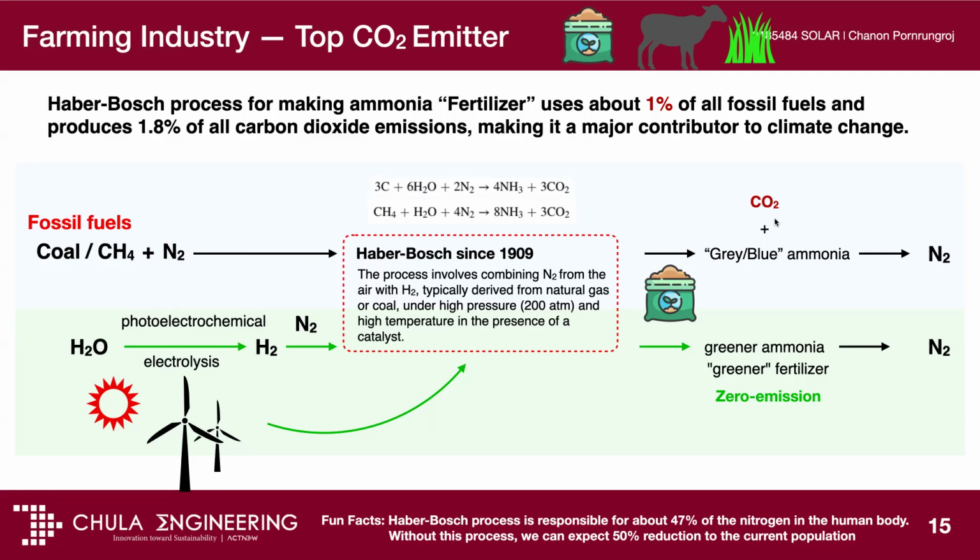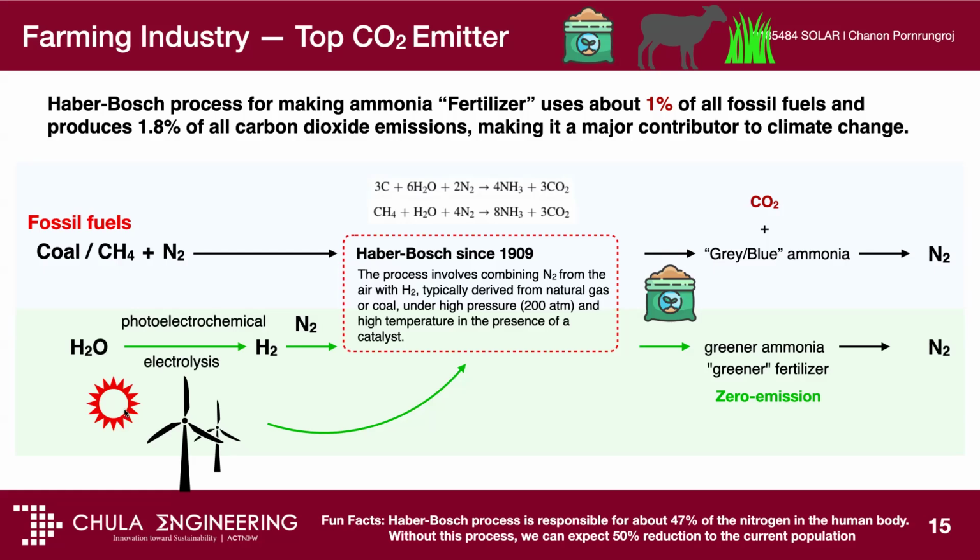If we release carbon dioxide to the atmosphere, we call it gray. If we have CCS, carbon capture and storage, then we call it blue ammonia, right? And the ammonia is being utilized and then releases nitrogen back into the atmosphere. That's the ammonia cycle.